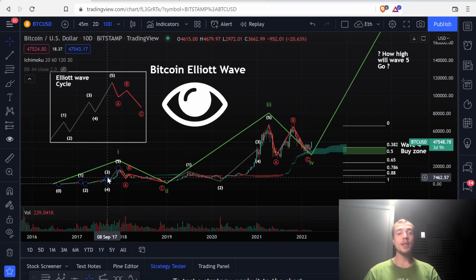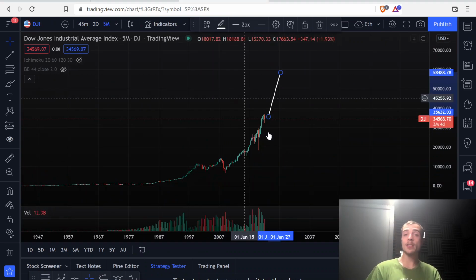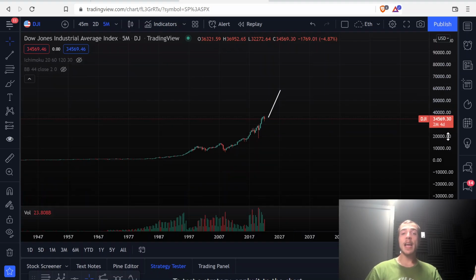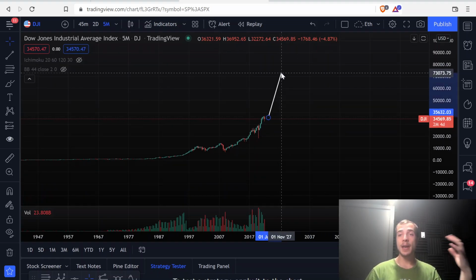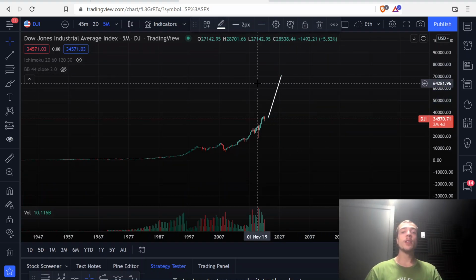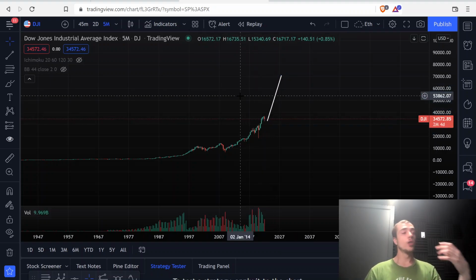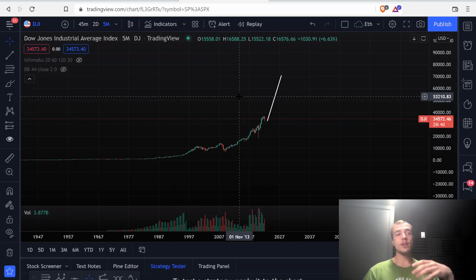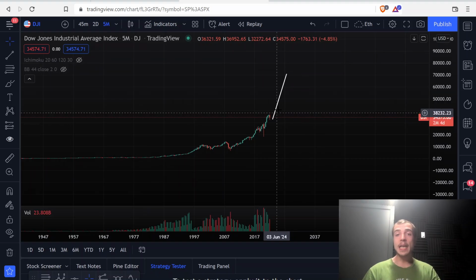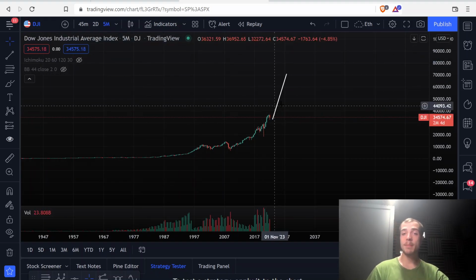Just like what happened to Bitcoin when it went from being worth like 3,000 up to 20,000, you can expect the same kind of expansion happening here in the Dow Jones. And basically that would mean that top stocks, gold, oil, stocks that are undervalued, they're just going to keep going parabolic as we keep printing money.